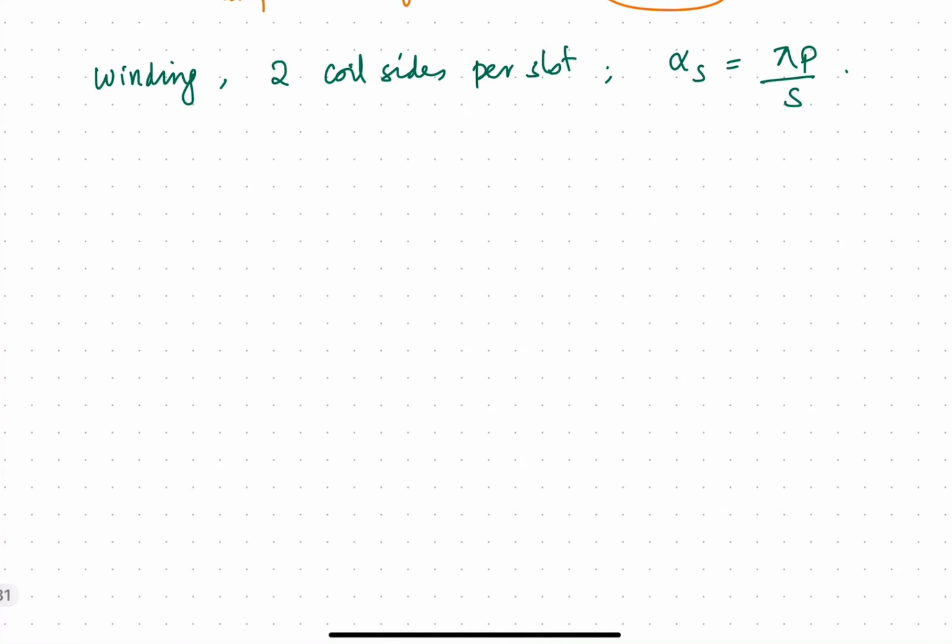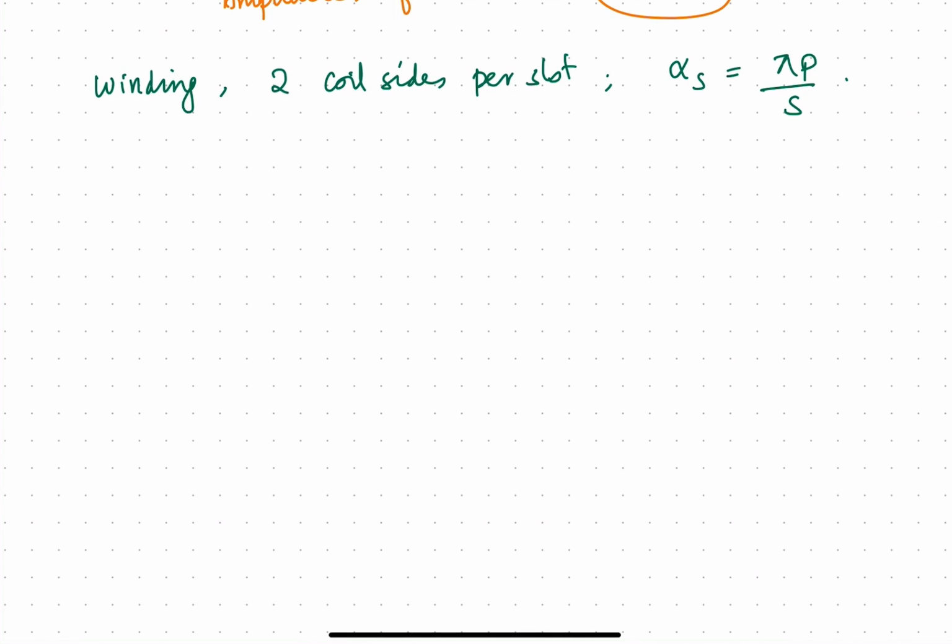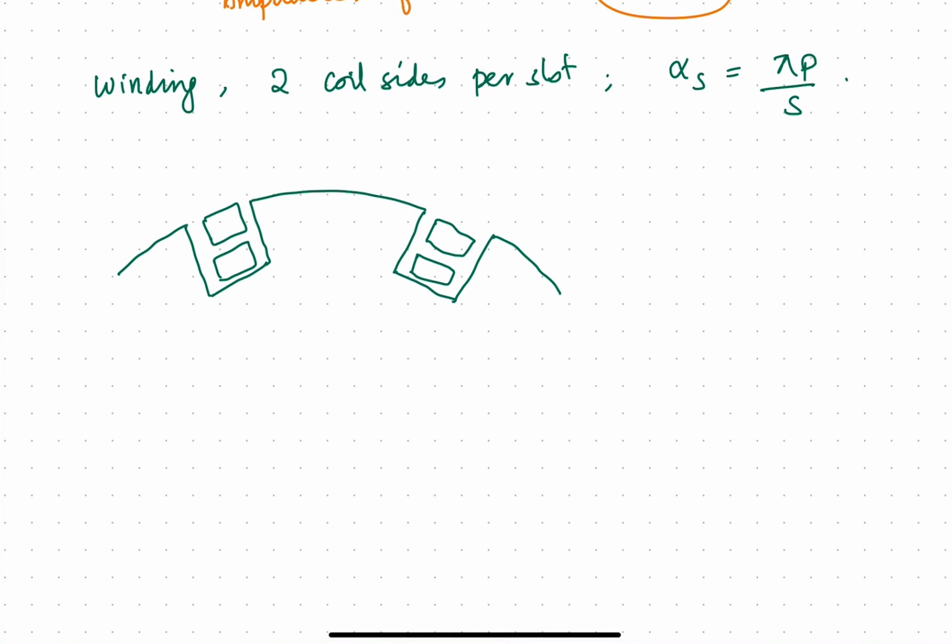If you have a winding arrangement and the slot arrangement like this, with 1, 2, 3 and 4 as coil sides, and this is the axis, then the angle between these two is denoted by alpha s.